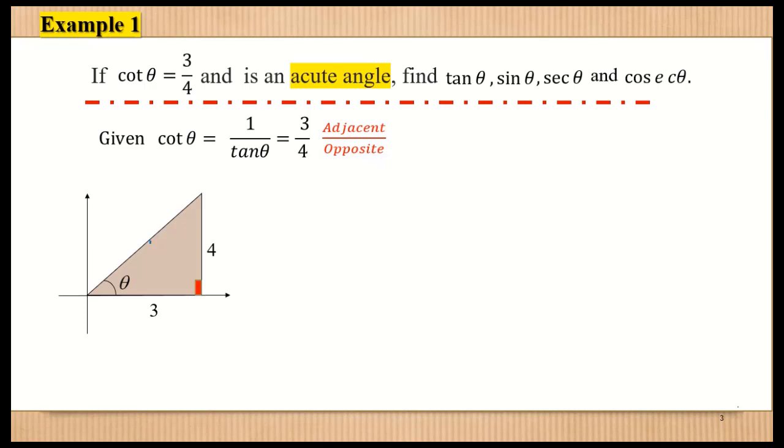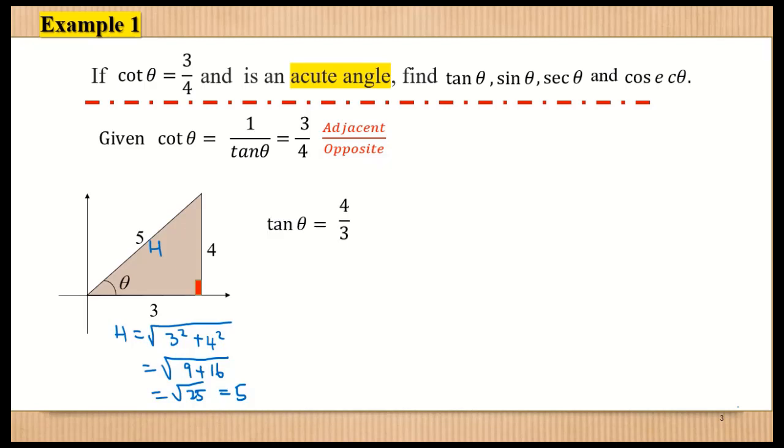So the value of H equals the square root of 3 squared plus 4 squared, which is the square root of 9 plus 16. We have the square root of 25, which is equal to 5. So, tangent theta will be equal to 4 over 3, which is opposite over adjacent.